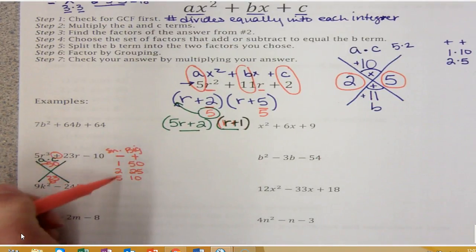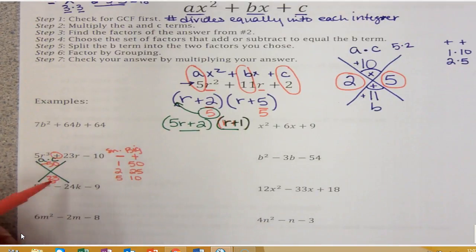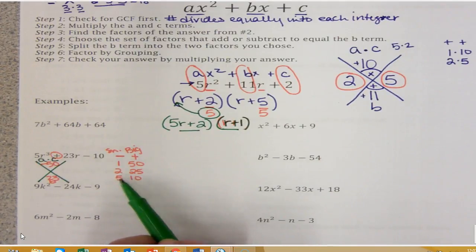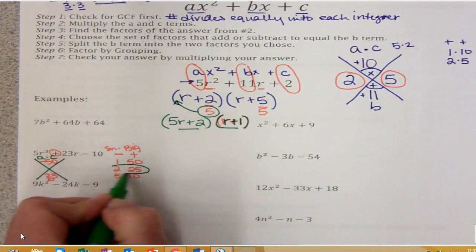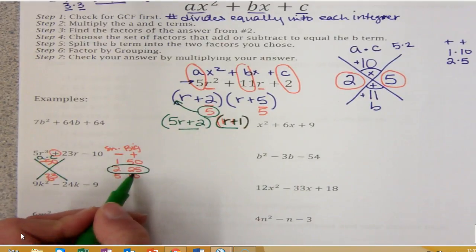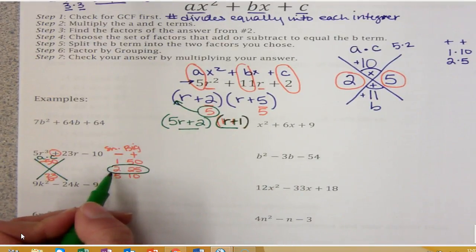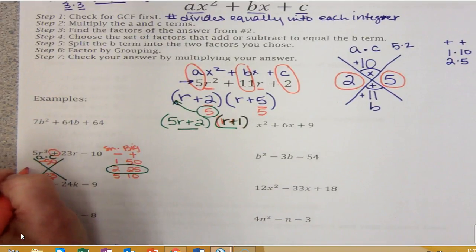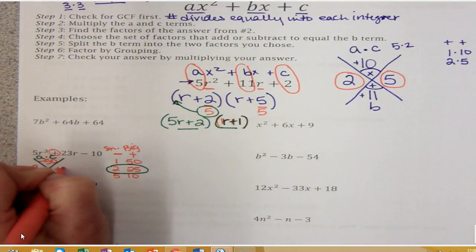So of these three, what is going to add up to give me 23? Well, if my bigger number is positive and my smaller number is negative, when I add 25 to negative 2, I'll end up with 23. So that's going to be it. So I've got negative 2 and positive 25.